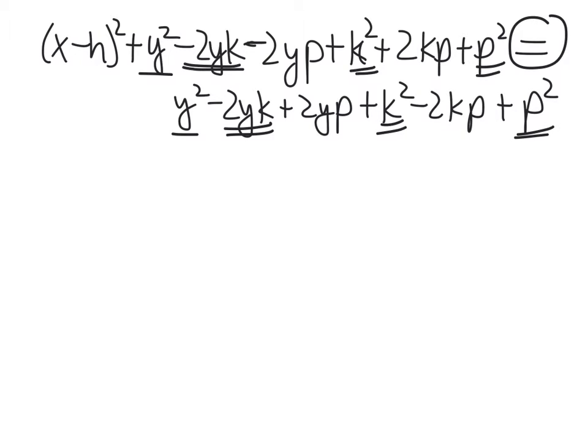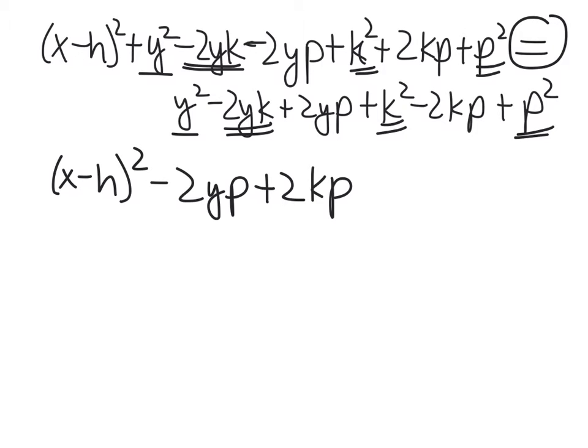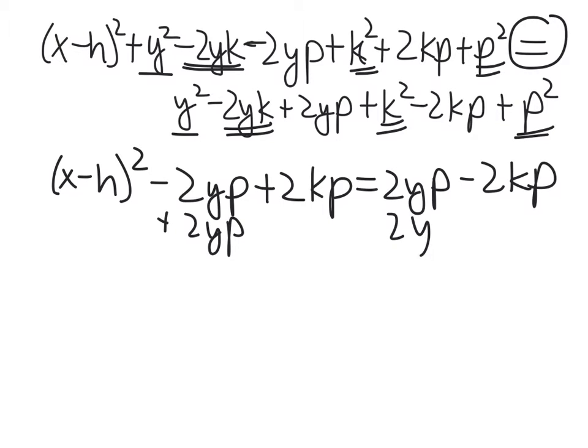P squared, subtract that from both sides. So what's left is the x minus h quantity squared minus 2yp plus 2kp equals 2yp minus 2kp. Well, we'll add 2yp to both sides and subtract 2kp from both sides.